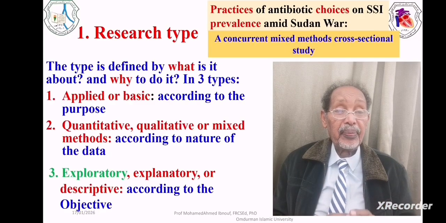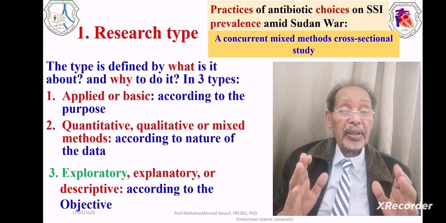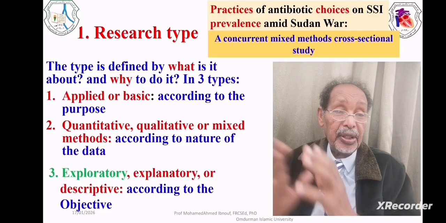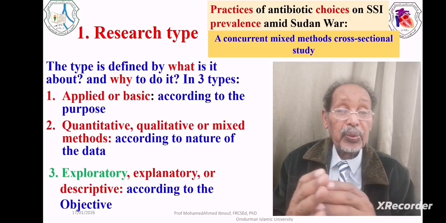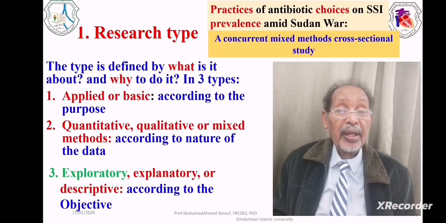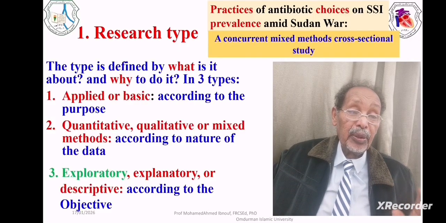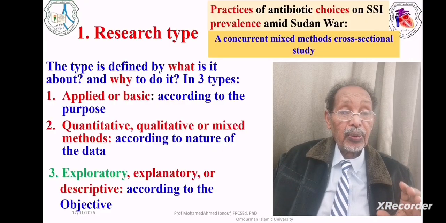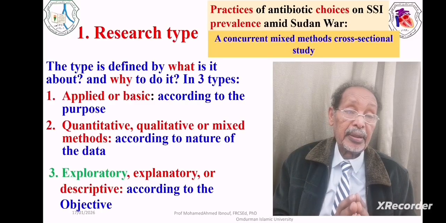Now this word, if we are designing a questionnaire to the clinicians, and at the same time, in one and same time, we are collecting the numerical data of the prevalence of surgical site infection, means we are dealing with the two parts of the research, the quantitative part and the qualitative part, at one and same time. So it is concurrent, mixed method.